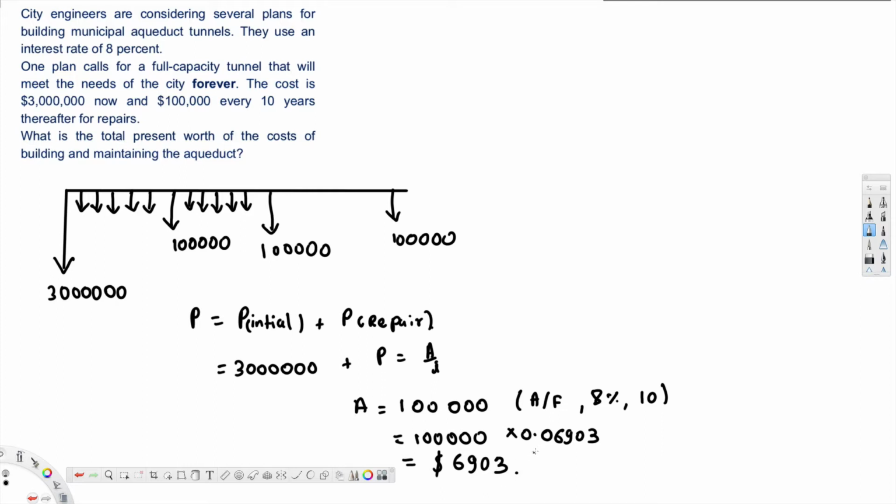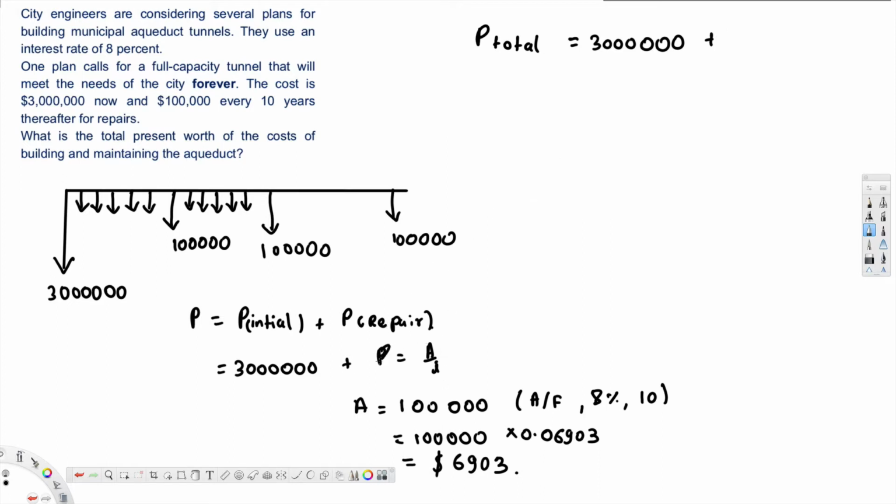Now we have A, and let's calculate the P total. P total is basically P initial, that is 3 million, plus this one, A over i.